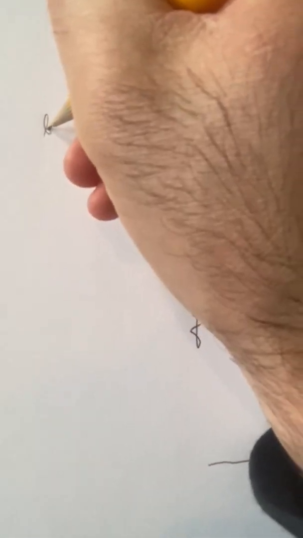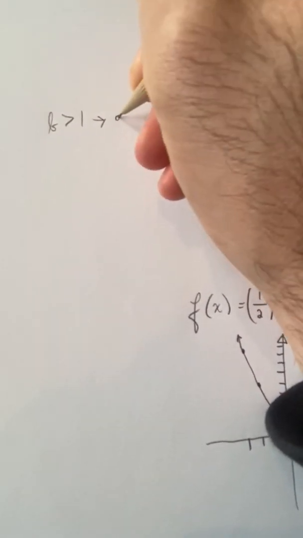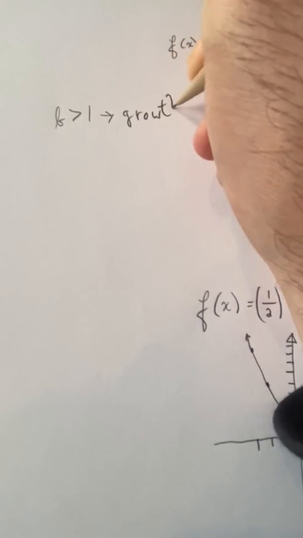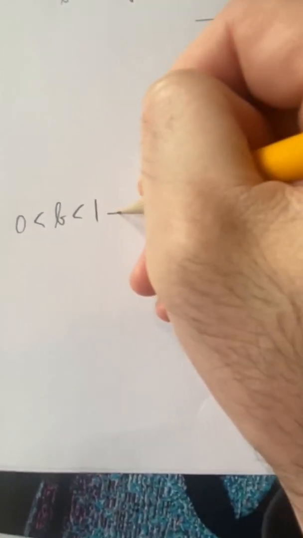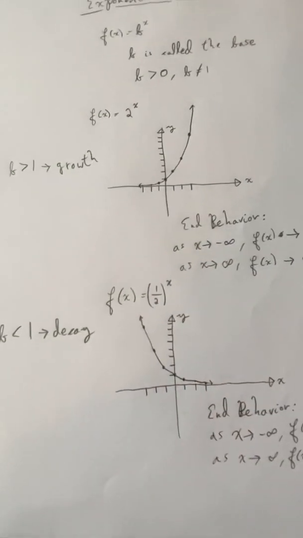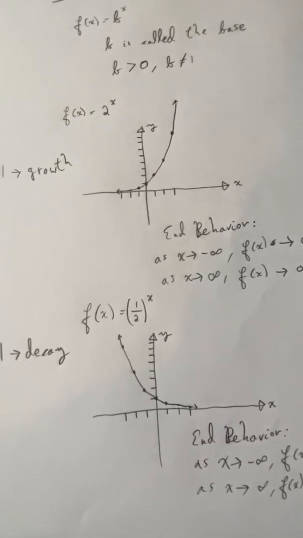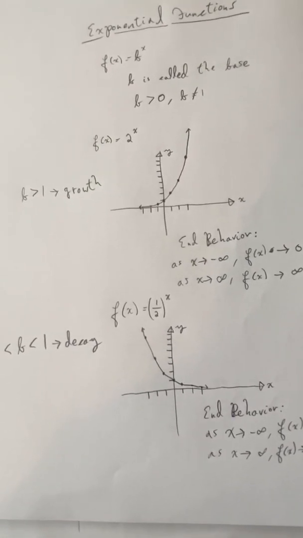If the base is greater than 1, you have growth. If the base is between 0 and 1, you have decay. Okay, that's all for now, just some basic terminology and graphs of the exponential functions, and I'll be posting more this week.